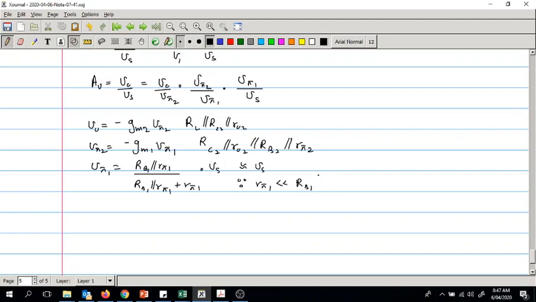Now from these three we can derive the overall gain.